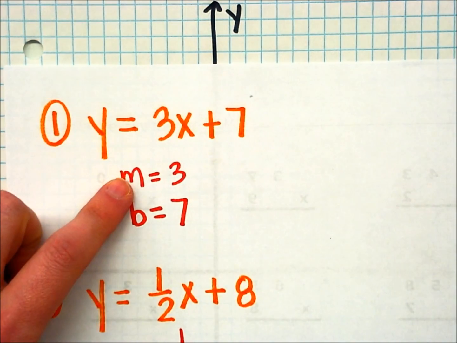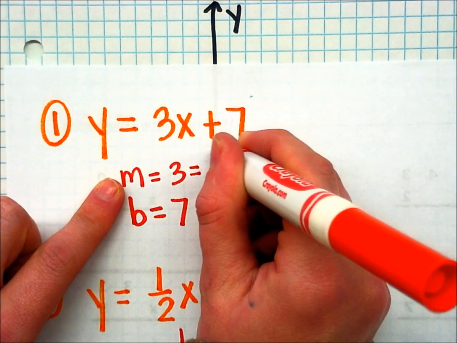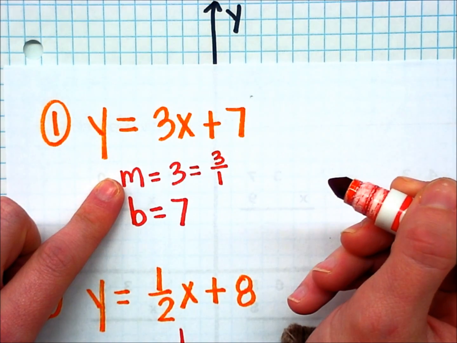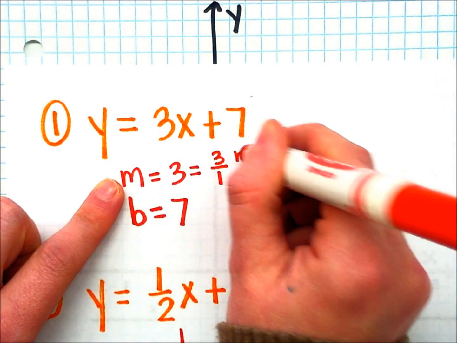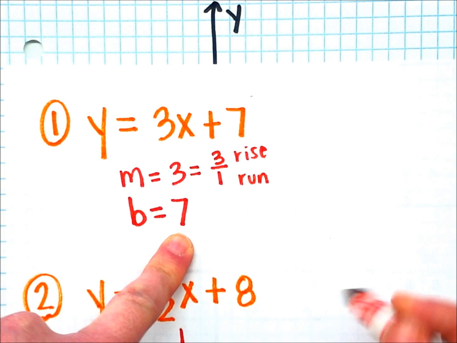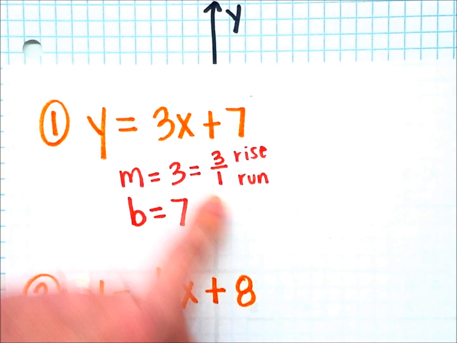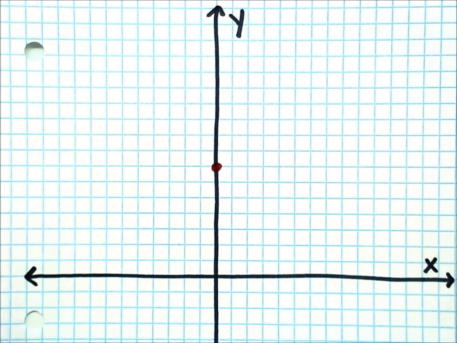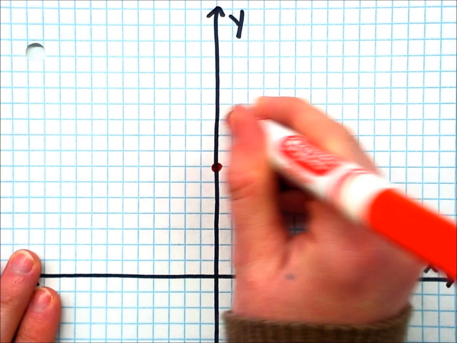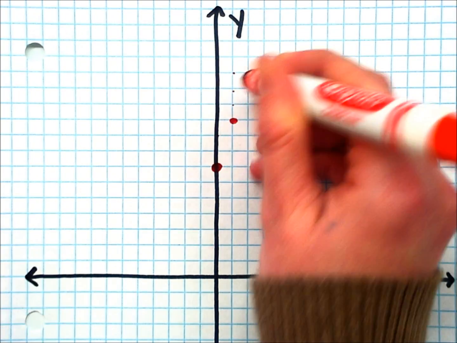And then the slope in the first equation was 3. Remember that slope is rise over run, and that 3 is the same as 3 over 1. From my y-intercept, I can rise 3 units and run 1 unit to the right to get a second point. 1, 2, 3, 1.